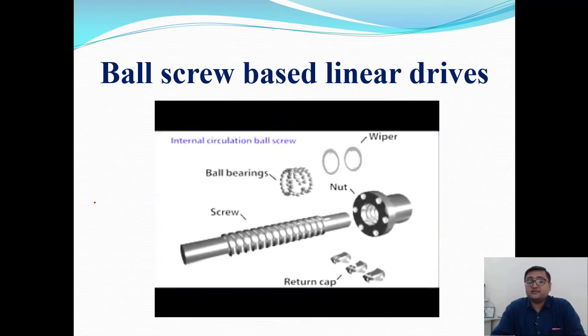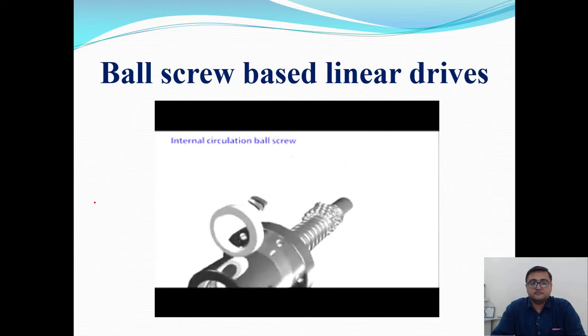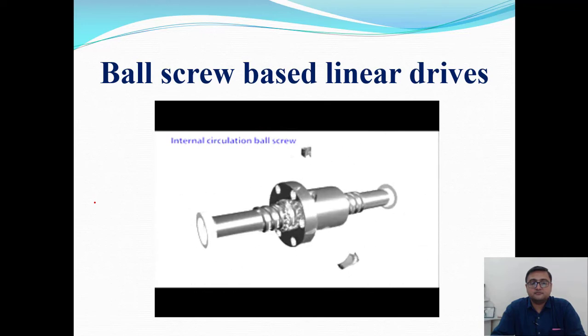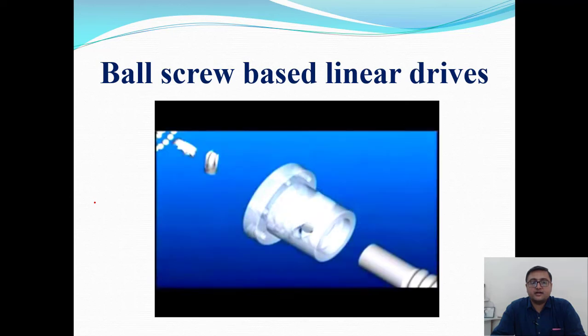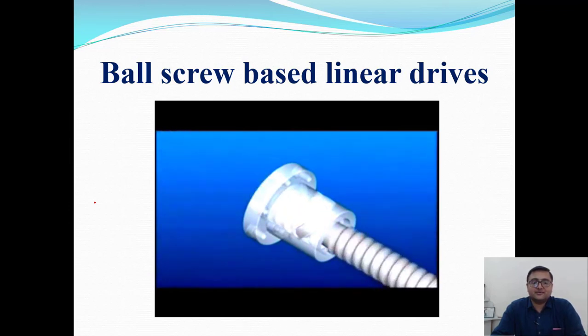Now the second one is the internal circulation ball screw. There are no external end caps provided, but a cap is provided internally so that the ball can move from one place to another, meaning from one thread to another thread.